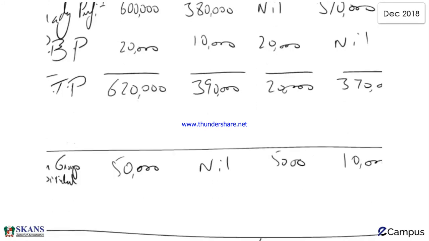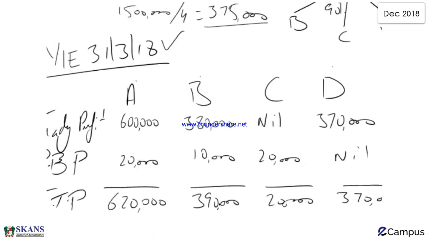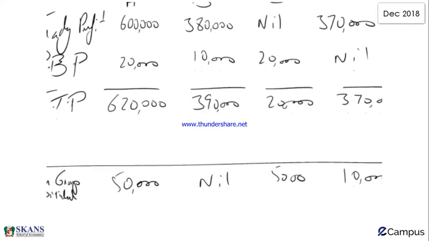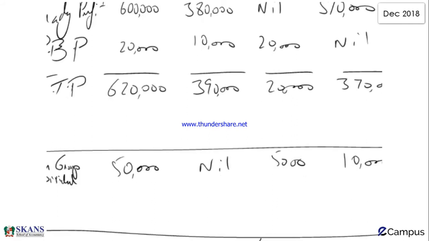Right now you can see that we have A and B, but make sure we do not decide from taxable total profits. We decide them from augmented profit, which is calculated by adding taxable total profits and the dividends from non-group companies.